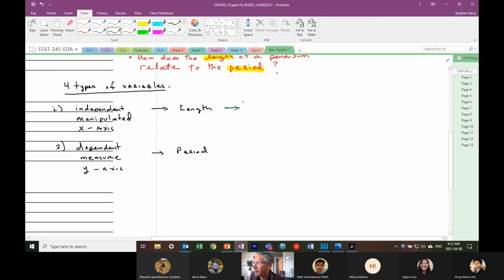This is defined as the distance from where you're holding it, so wherever your pivot point is, the part that's fixed, to the center of mass.